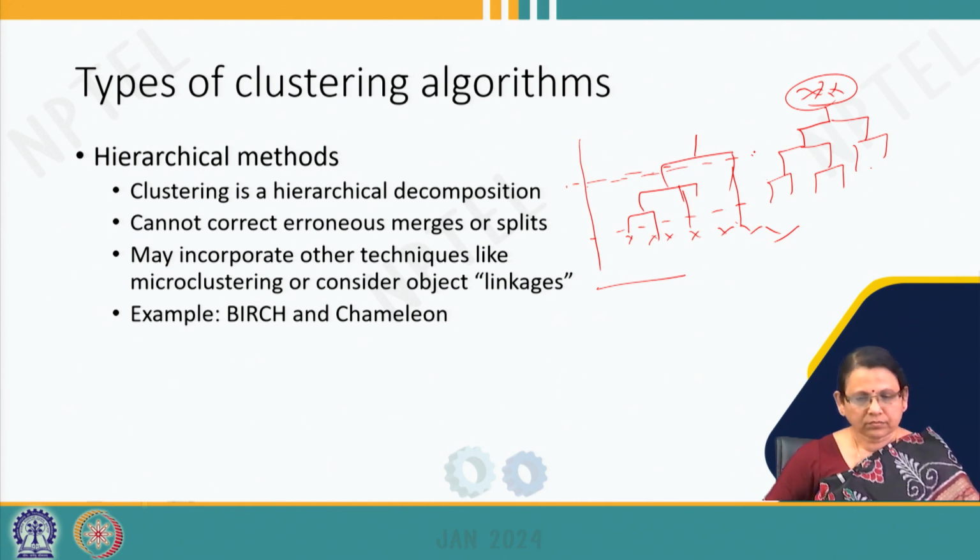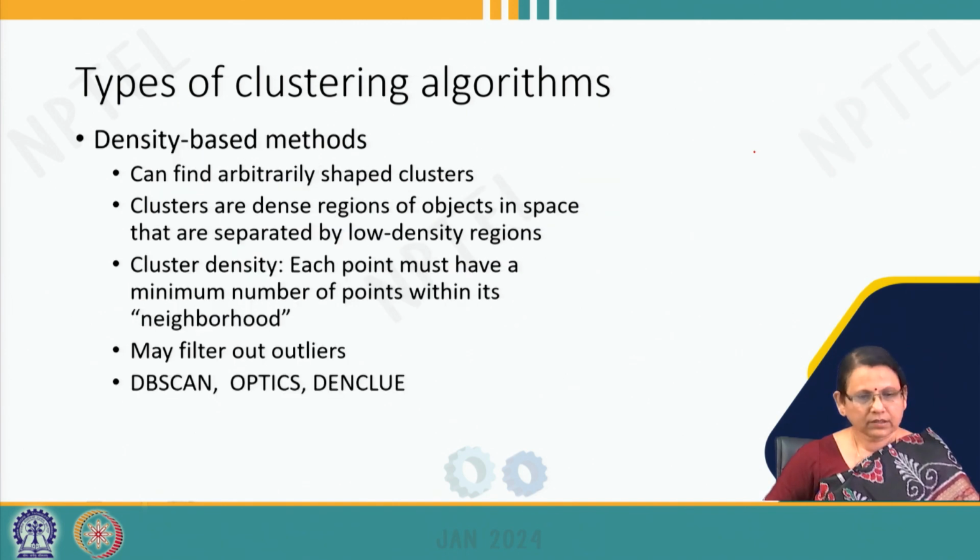Okay, so, the third one is the density based method. In case of density based method, we can find arbitrary shaped clusters by looking at the regions where the objects are very densely populated.